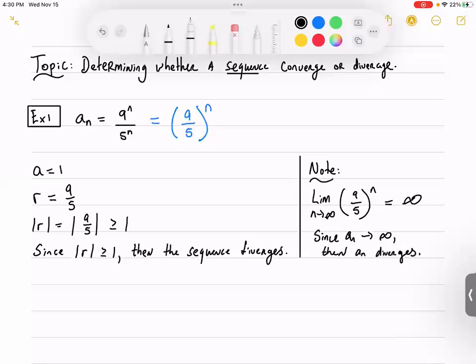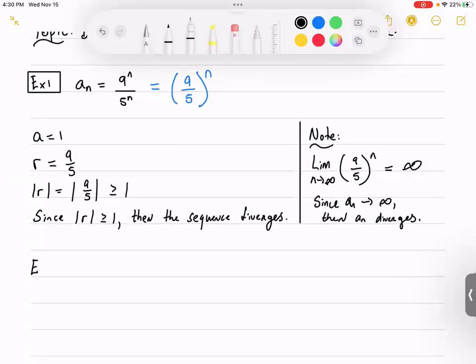Let's look at a second example. Example number 2. We have the sequence b_n equals (6 minus 2n squared) over (n squared minus 6).